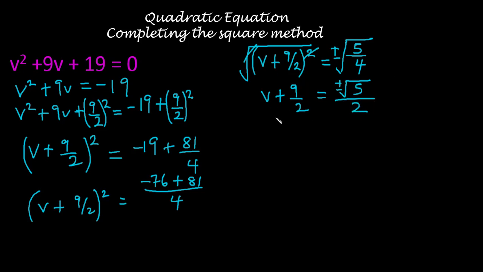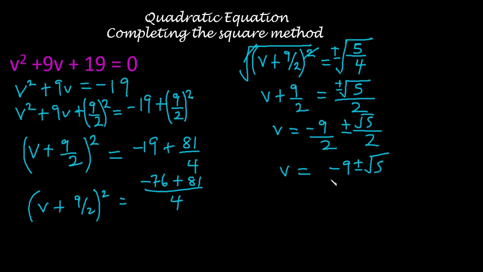When 9 over 2 goes to the other side, it becomes minus. So we have v is equal to minus 9 over 2 plus or minus root 5 over 2. When we find the LCM and do the fraction, we sum this together, and we have minus 9 plus or minus root 5 over 2.